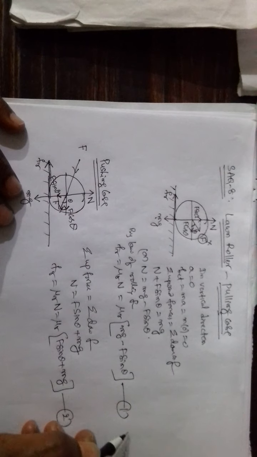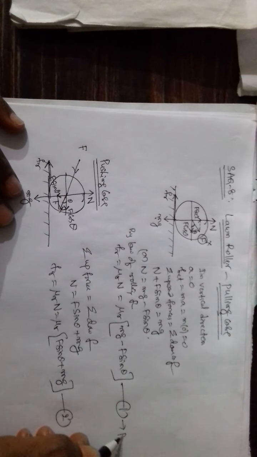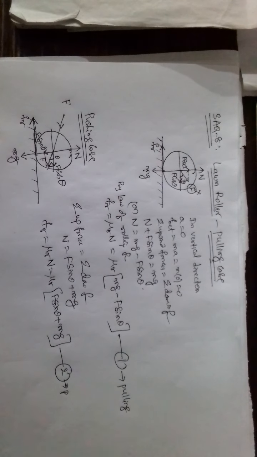Here this is pulling case. This is for pushing case, in which case the rolling friction is less. Here it is plus.